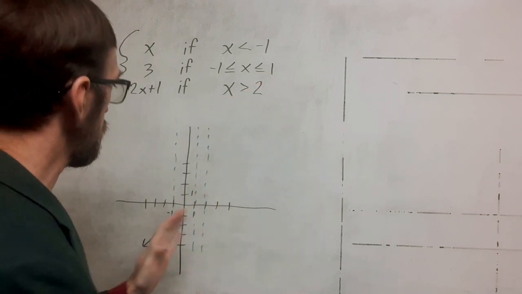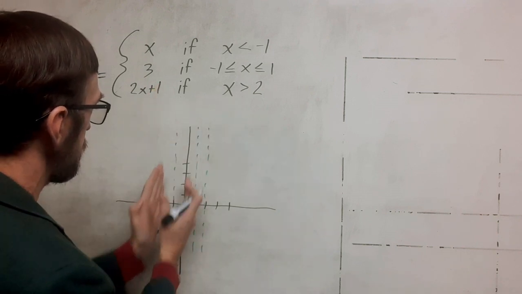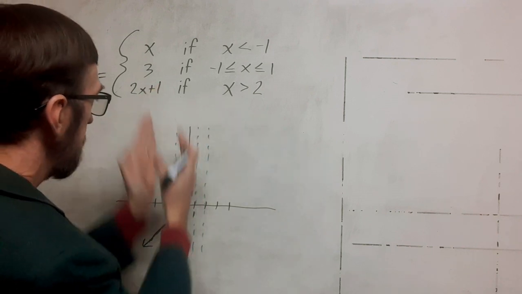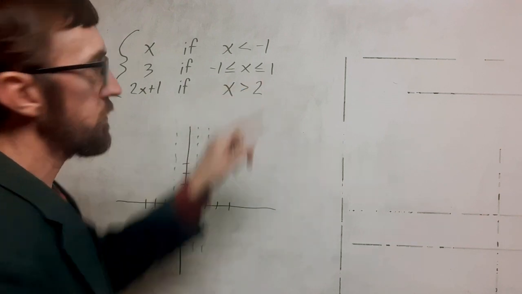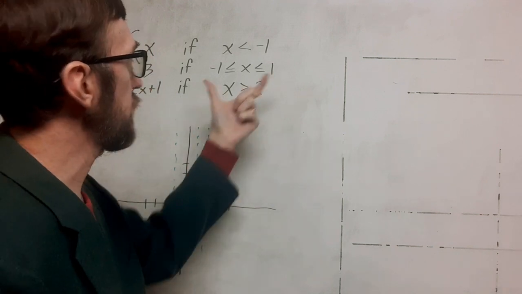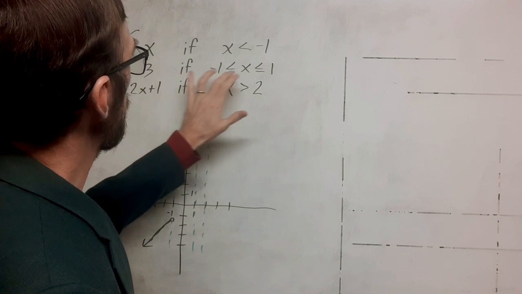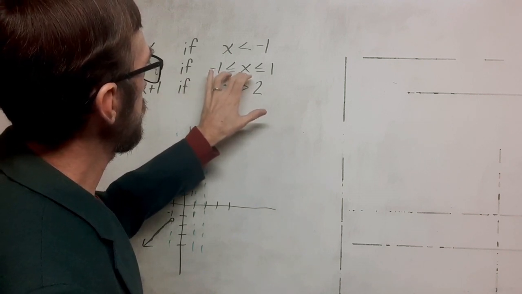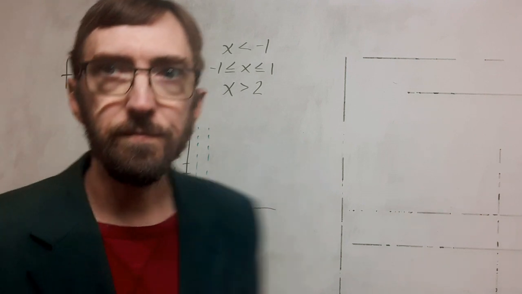The next piece is trapped between -1 and 1. So these two barriers that I put here, the entire graph is trapped between them. These are both underlined, so my endpoints are going to be filled in because I'm including those endpoints, -1 and 1. For every x that I choose in this domain, the y value is going to be 3.